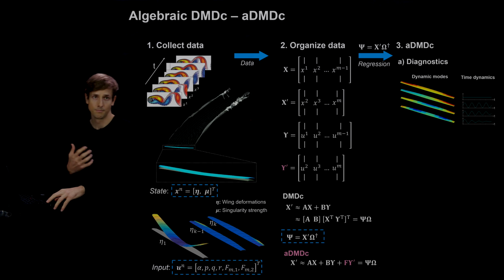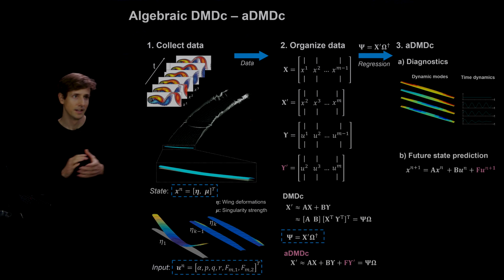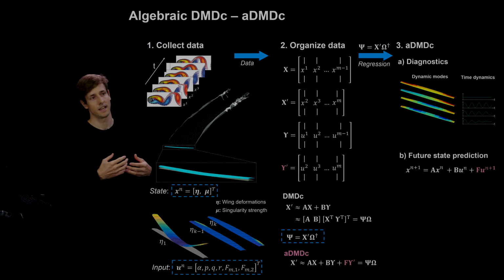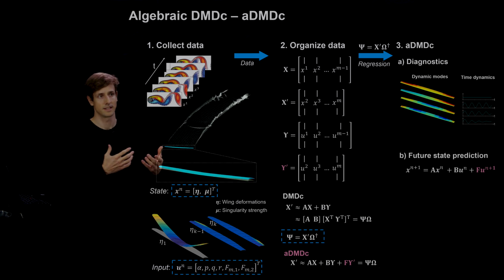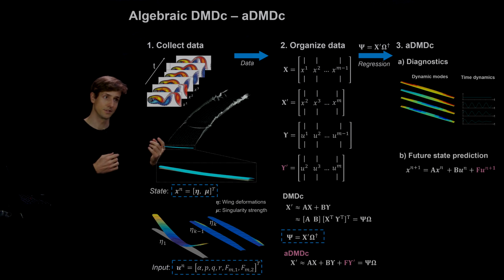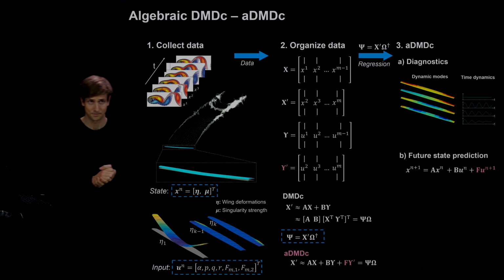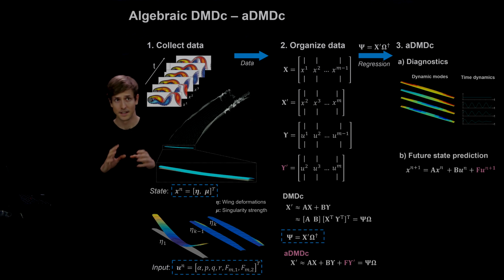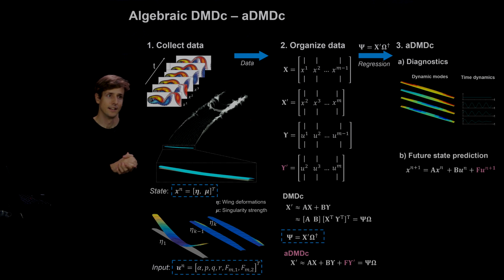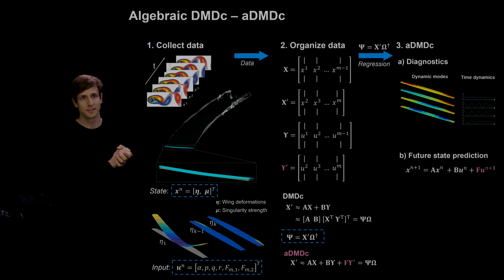We can then, and that's basically what we want to have, predict future states, so we can advance our state X at time step n into the state X at time step n plus 1, considering our inputs and our algebraic terms.